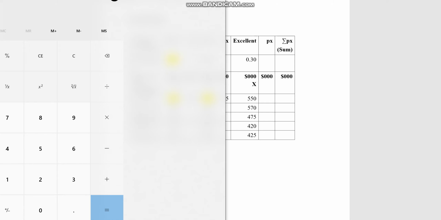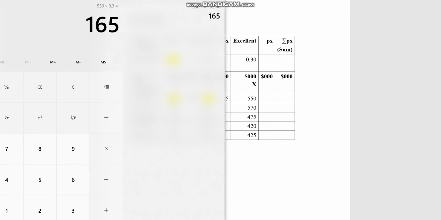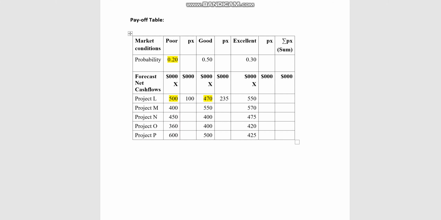You can work out, 550 multiplied by 0.3, and hey presto, we end up with 165 here. Okay, so first we multiplied probability factors by the values of the outcome.